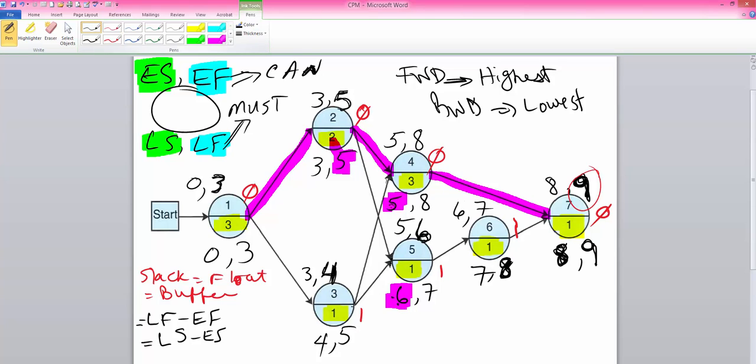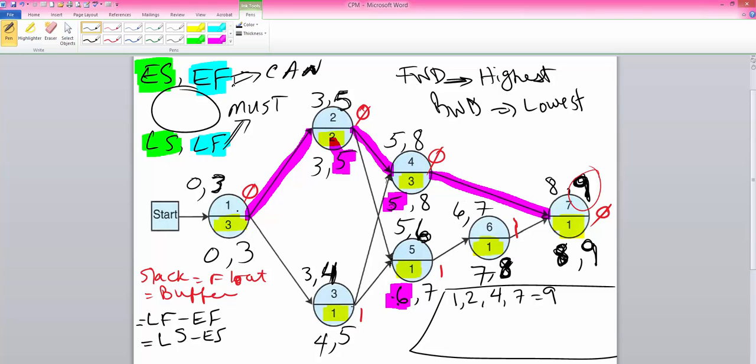Now, let's look at all the paths that are in this project. One is the critical path that we have identified. 1, 2, 4, 7. Those are the activities on it. And if you add them up, you get 3 plus 2 is 5, plus 3 is 8, plus 1 is 9. So that's how we got our critical path.